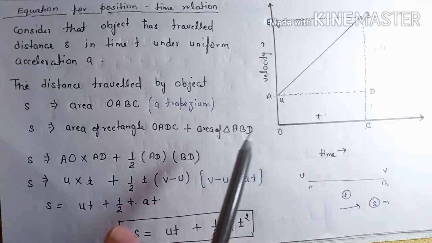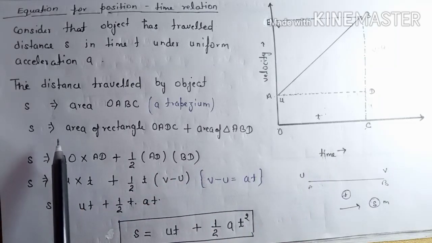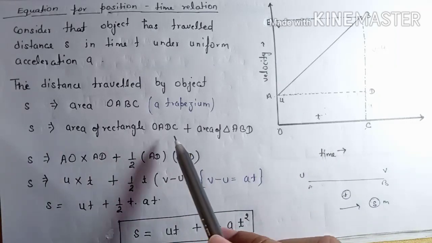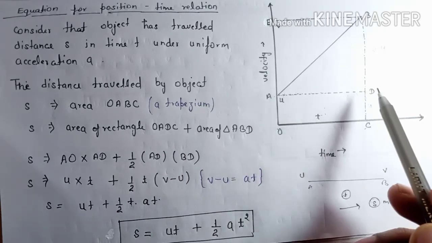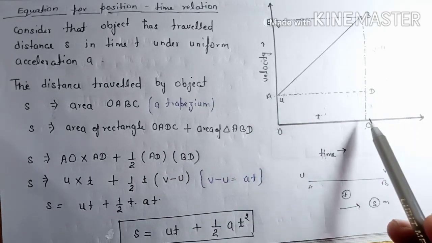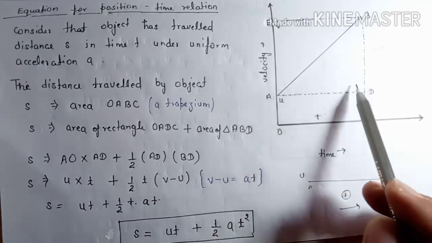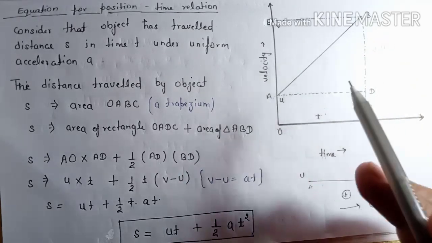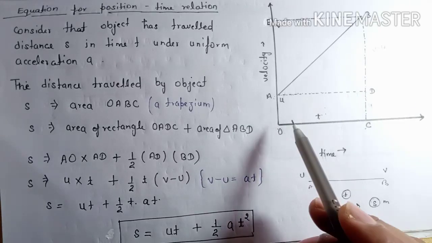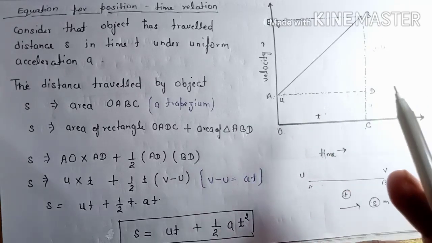Now divide the trapezium in two parts. S is equal to the area of rectangle OADC, here it is, this is the rectangle, plus the area of triangle ADB. Let's get the area of the triangle and the rectangle. So the area of the rectangle is equal to what?